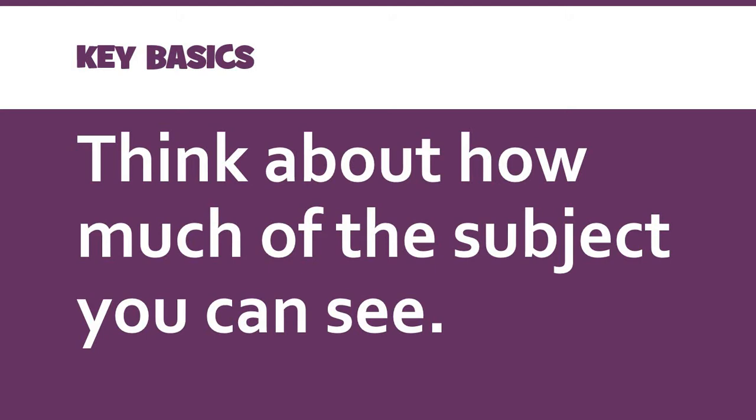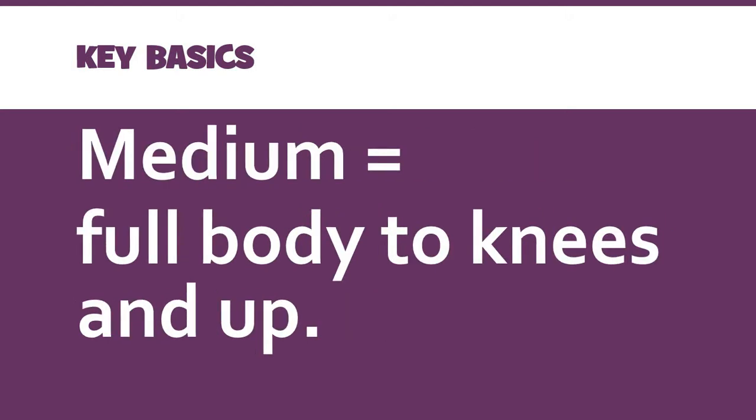Now let's turn this into some vocabulary that we can all use to get on the same page here. Some of your photo stories are going to involve lots of medium shots. A medium shot is where you can see the full body of the person. Either the full body or at least the knee level and up, but most of the whole person is in the shot. Now we're going to look at some photo examples.